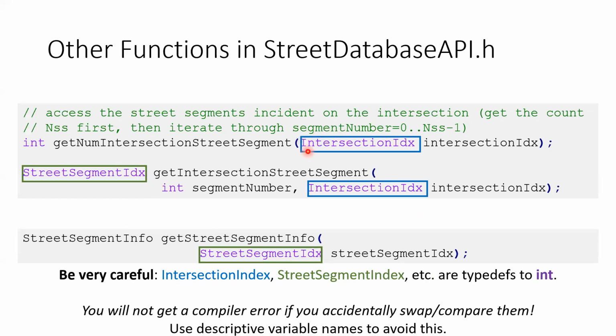And be careful that the intersection index and street segment index are all integers. So if you accidentally use an intersection index to get a street segment, your compiler will not error out. So either be really, really sure that you are doing the right thing, or decide on a naming convention between all of the group members.